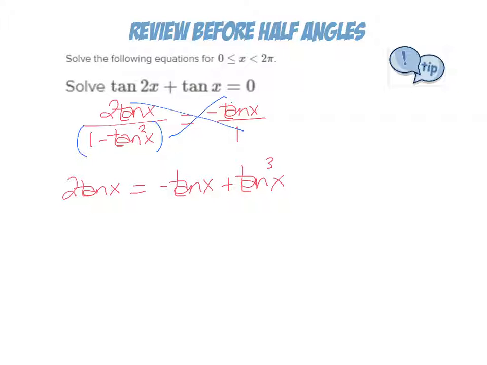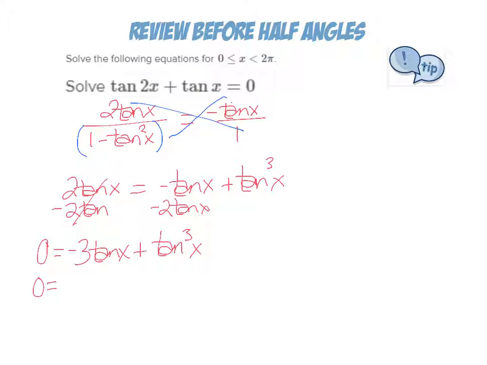I'm going to go ahead and subtract the 2 tangent x to this side. And I'm going to end up with 0 equals negative 3 tangent x plus tangent cubed x. Now, since I have tangent x and tangent x, I can pull out a GCF.